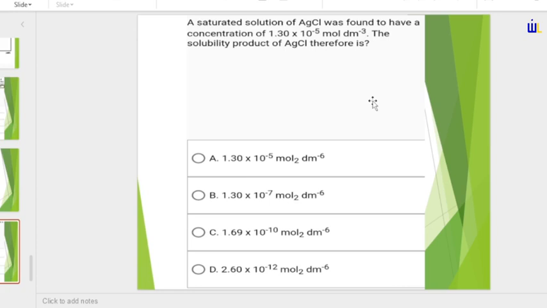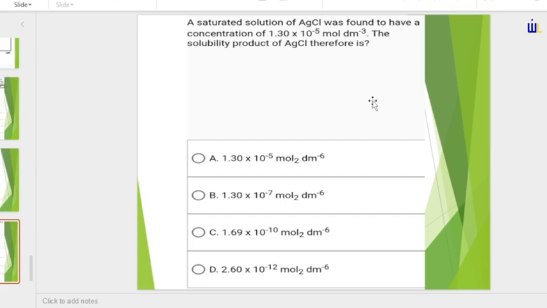Are you done writing? Just the question, you don't need to write the options.